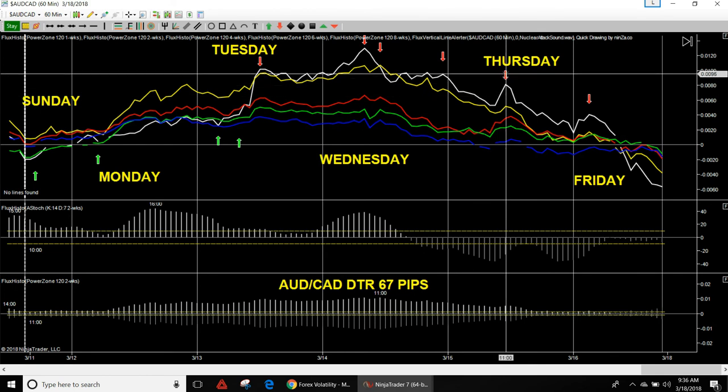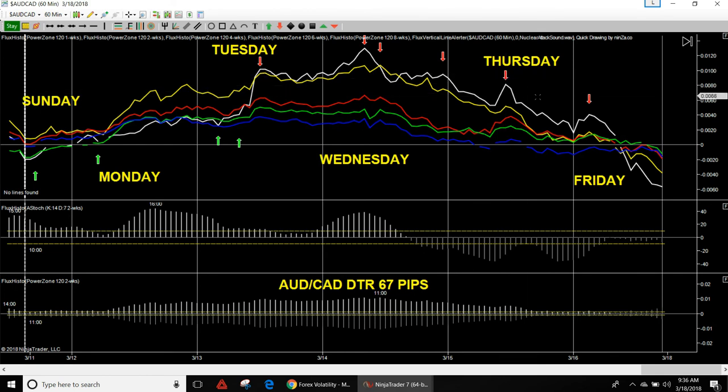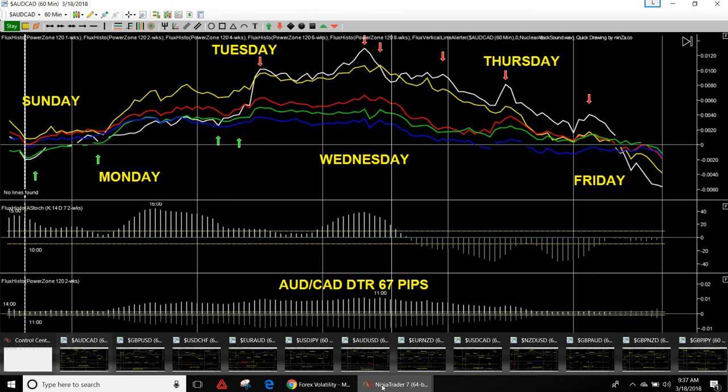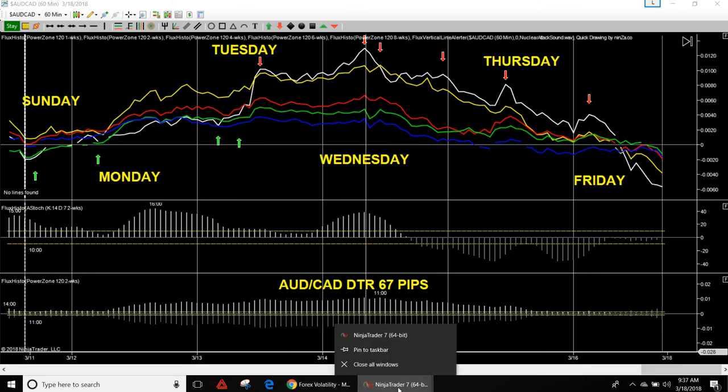Another sell opportunity Thursday, 11 a.m. to the south. And then we're going to pull back. 12 a.m. in the morning to the north until 3 a.m. That's only 3 hours, so it would take the better duration of the sell. 3 a.m. in the morning, look for a down move on the Aussie Canadian to the south, traders. All right, Aussie Canadian. Next up is going to be the GBP USD.